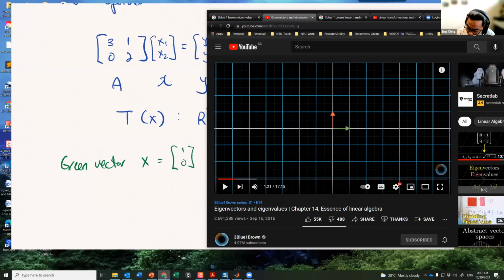And the red vector is another x, a different x, and this is 0, 1. We typically call the red one j-hat, and the green vector we typically call i-hat. That's its notation.